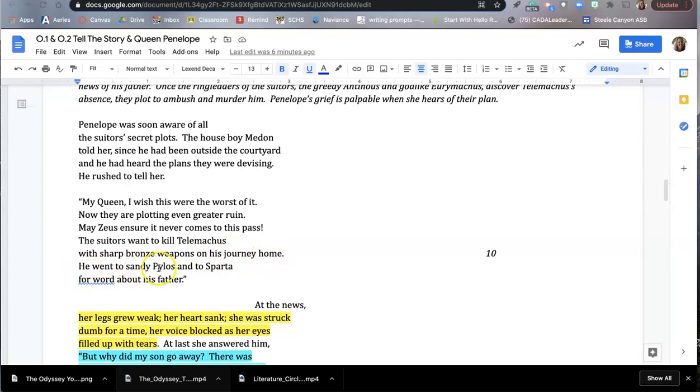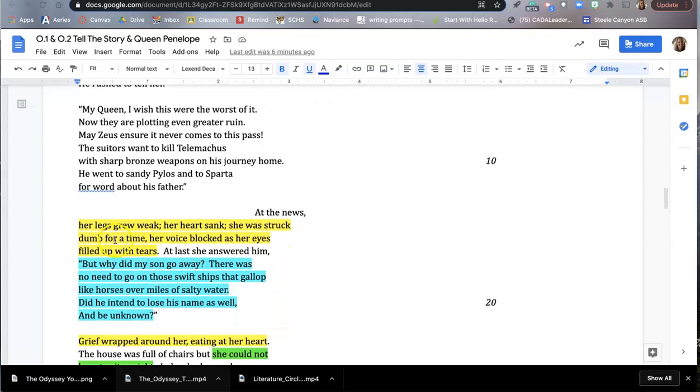He went to sandy Pylos and Sparta for word about his father." At the news, her legs grew weak, her heart sank, she was struck dumb for a time, and her voice blocked as her eyes filled up with tears. At last she answered him, "But why did my son go away? There was no need to go on those swift ships that gallop like horses over miles of salty water. Did he intend to lose his name as well and be unknown?"